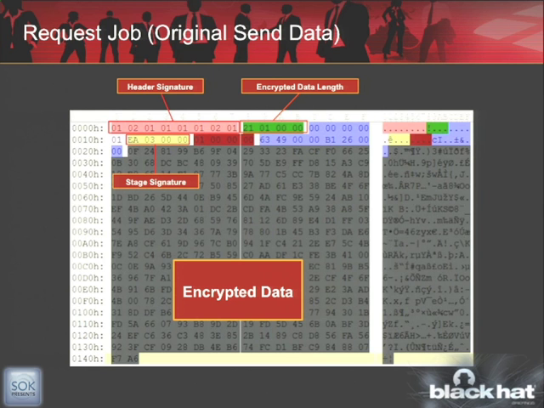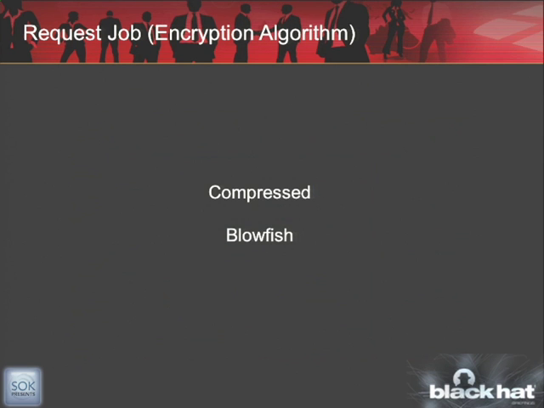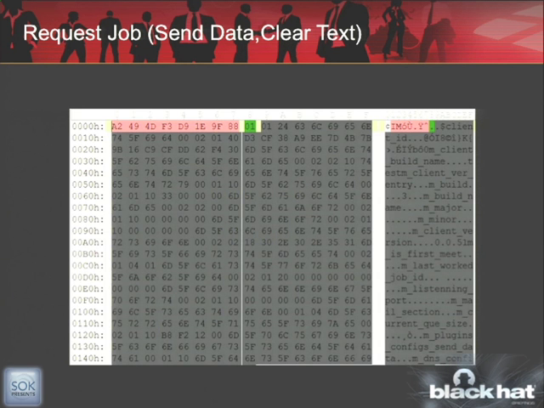If you are interested, you can multiply the first DWORD and the second DWORD, and you'll get an interesting result. The encrypted data also uses the same routine: it's compressed and Blowfish encrypted. After decryption it's still the same storage structure, with the storage signatures and version numbers.